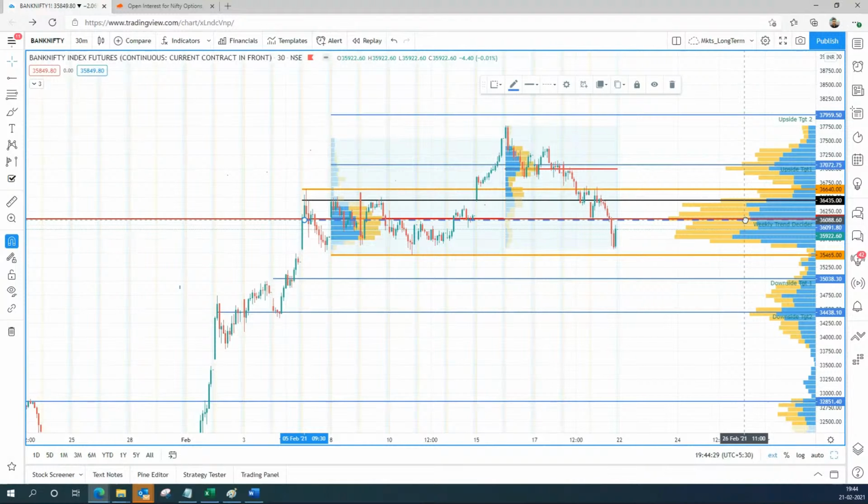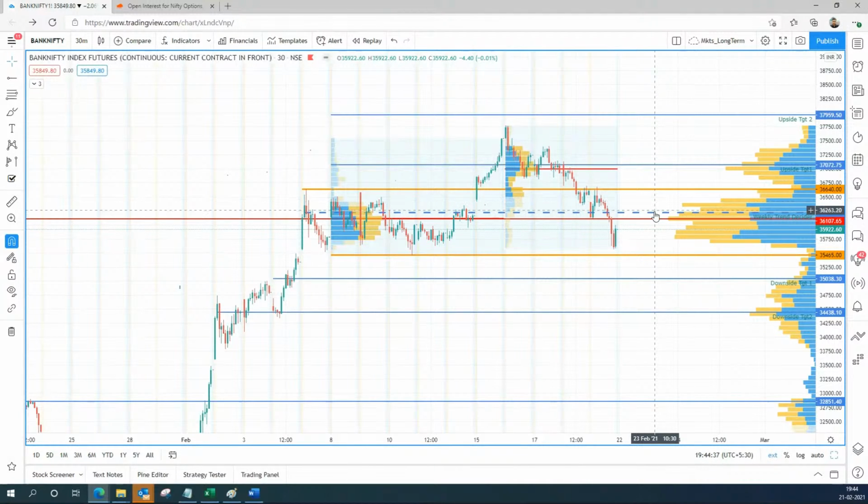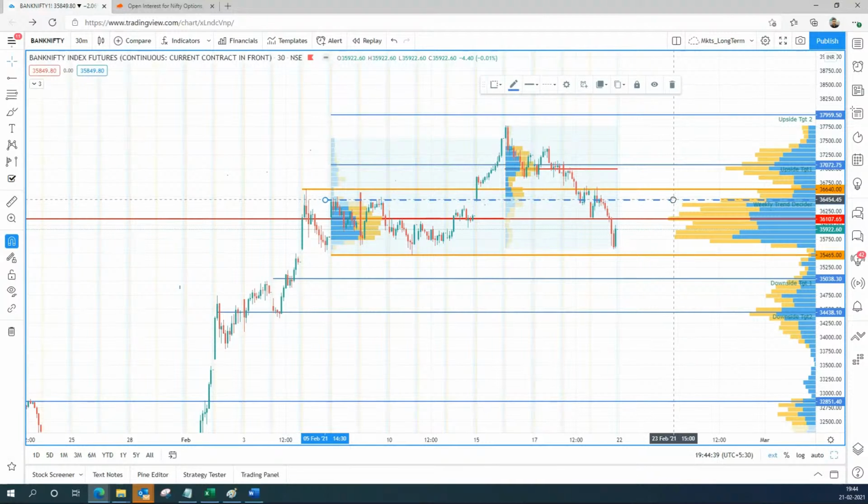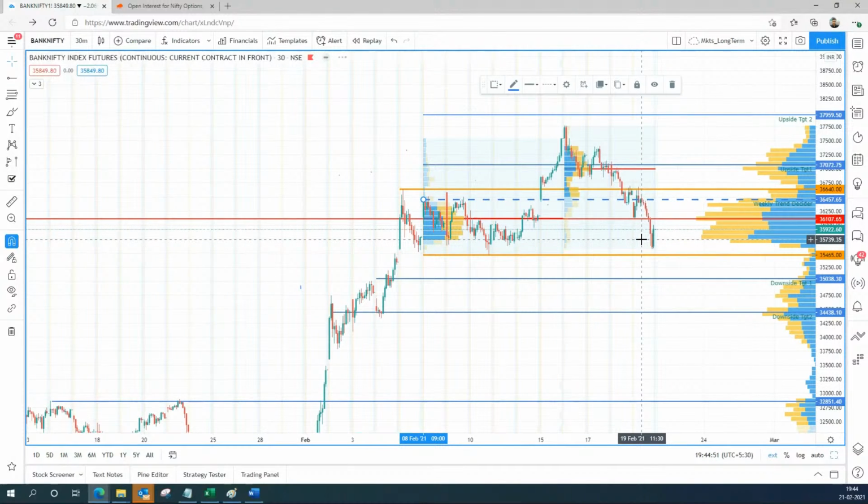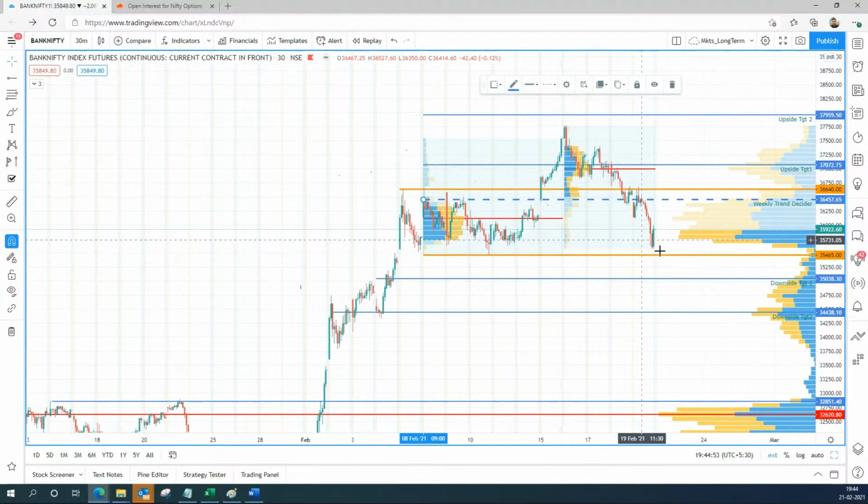I would want to look on the top side of this level, which is 370 400 areas, to figure out whether we want to hold above or below. I would look for at least a push above this range, 400 450, to see whether we are able to hold above for a bullish bias. In case we are not able to cross this range, I would look for a bearish bias or downside continuation.